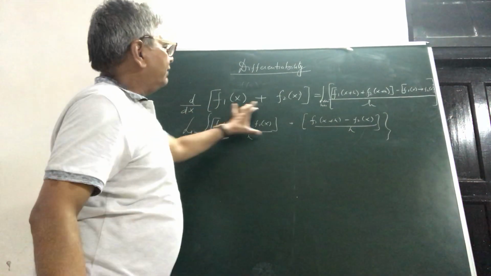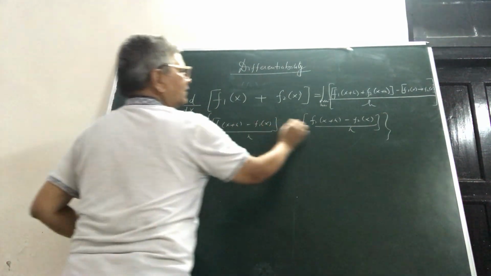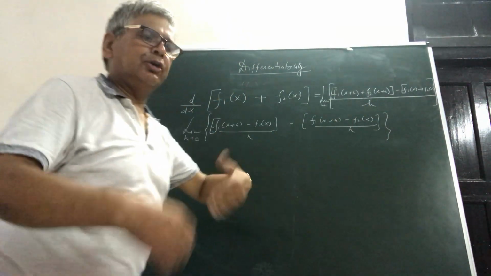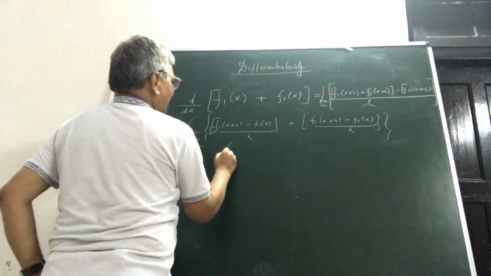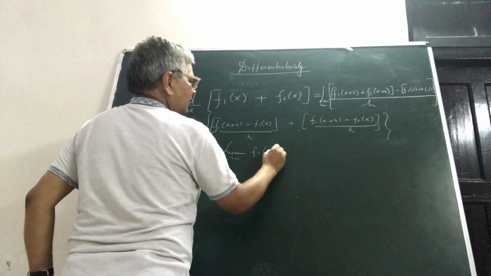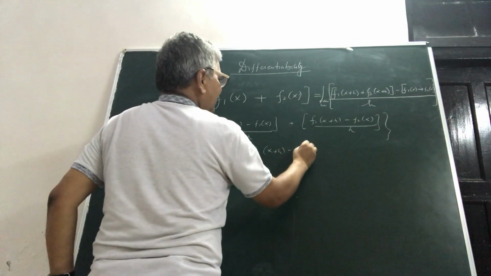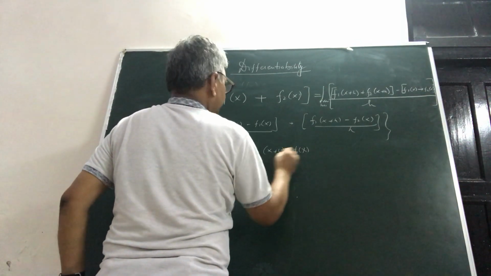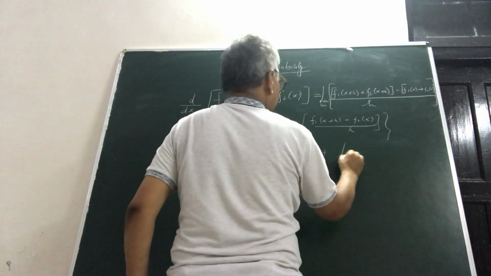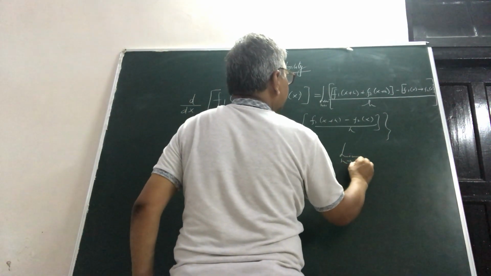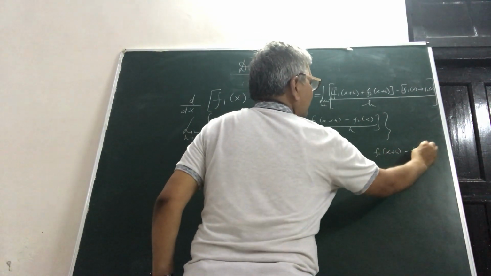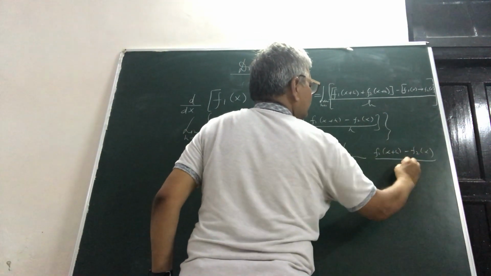Now we take this much as one entity and this as the other entity, and the limit of the sum of two functions is equal to the sum of their individual limits. That is why it will be the limit as h tends to 0 of [f1(x+h) minus f1(x)] upon h, plus the limit as h tends to 0 of [f2(x+h) minus f2(x)] upon h.